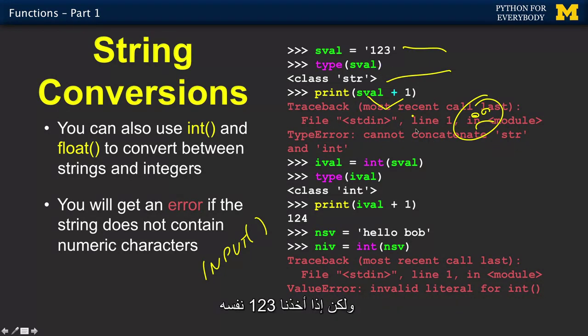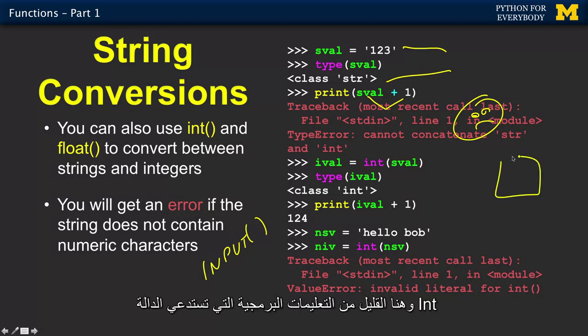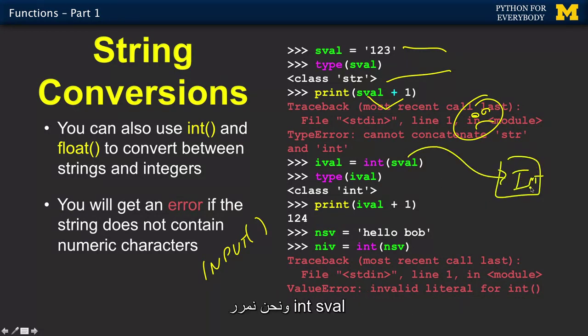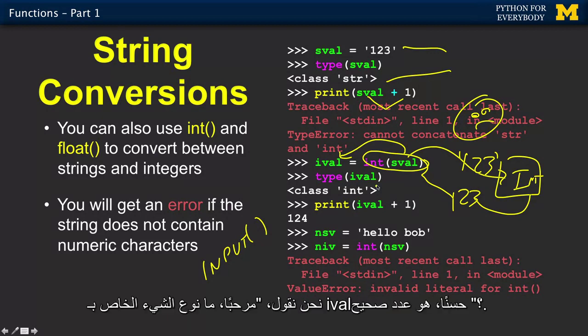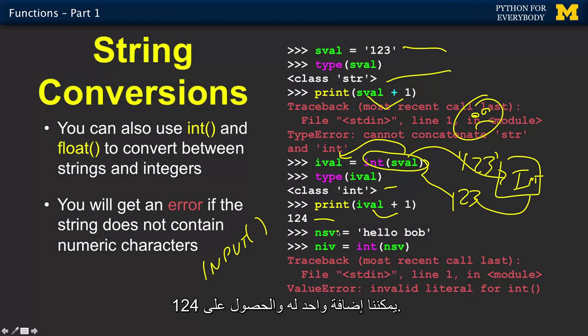But if we take this same 123, and here's a little code called the int function, we pass sval in, which is 123 the string, and we get back 123 the integer, then that replaces this in the function, and then 123 the integer is assigned into ival. We say, hey, what kind of thing is ival? Well, it's an integer. We can add 1 to it and get 124.